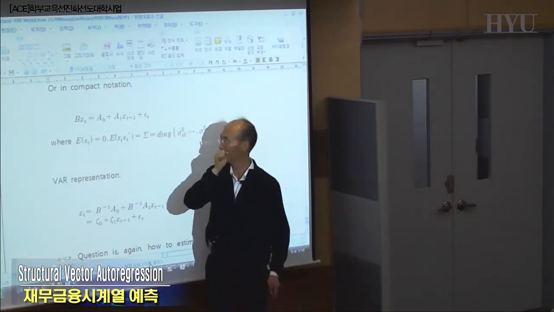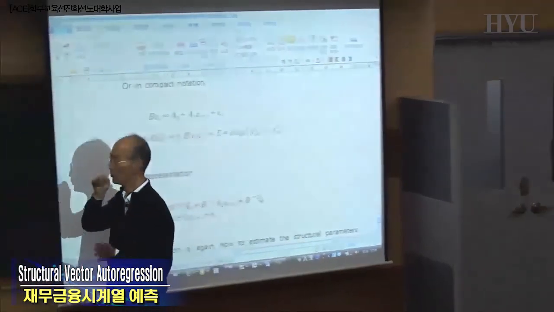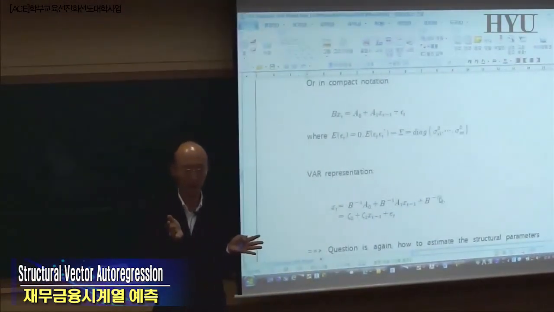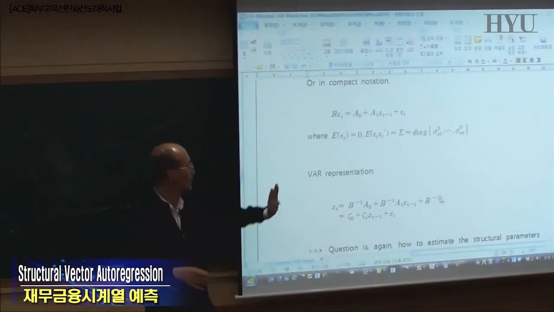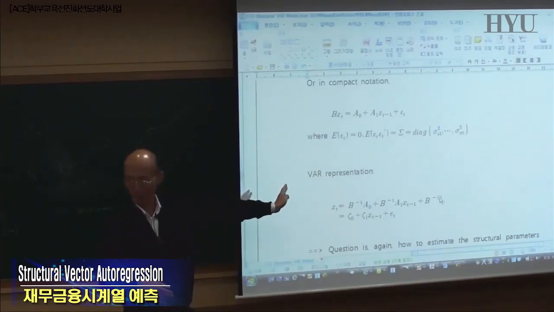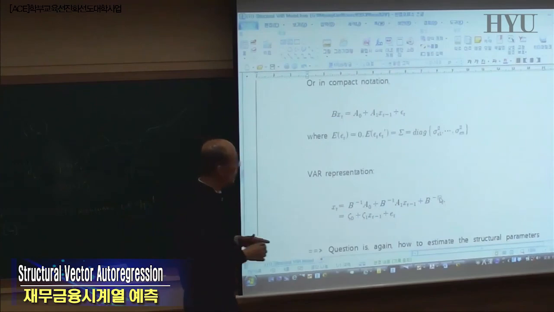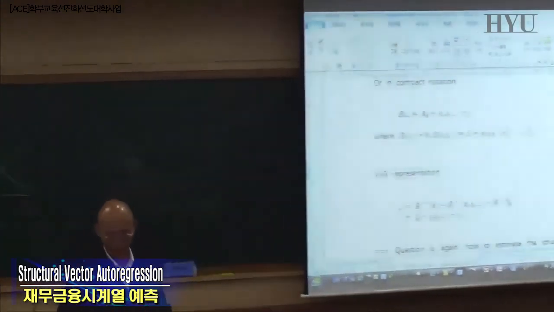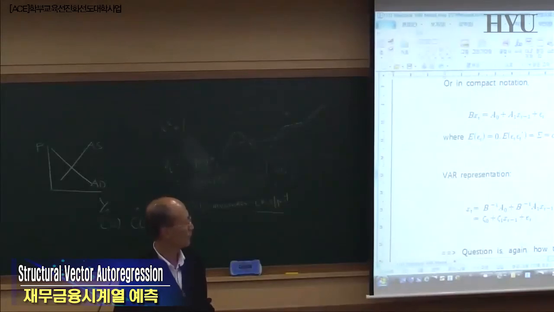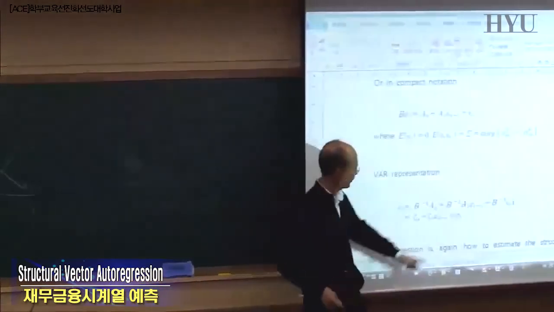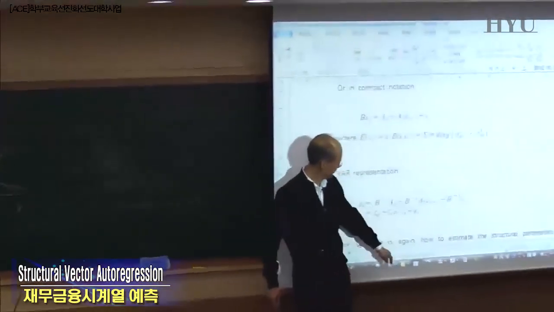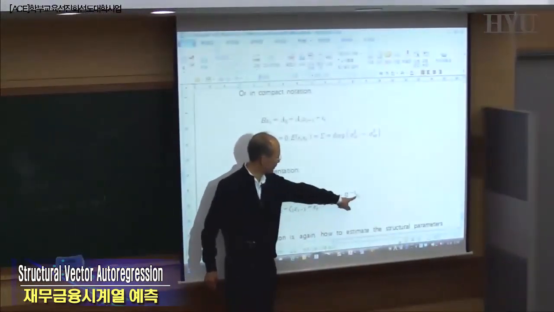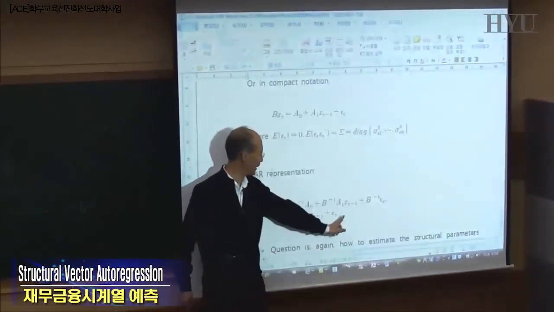So you can easily see that you need some restrictions to identify this kind of system. Right? And when you identify a system, then the rest of the argument goes as before. If you can estimate this somehow, then you can calculate epsilon_t as B times e_t.